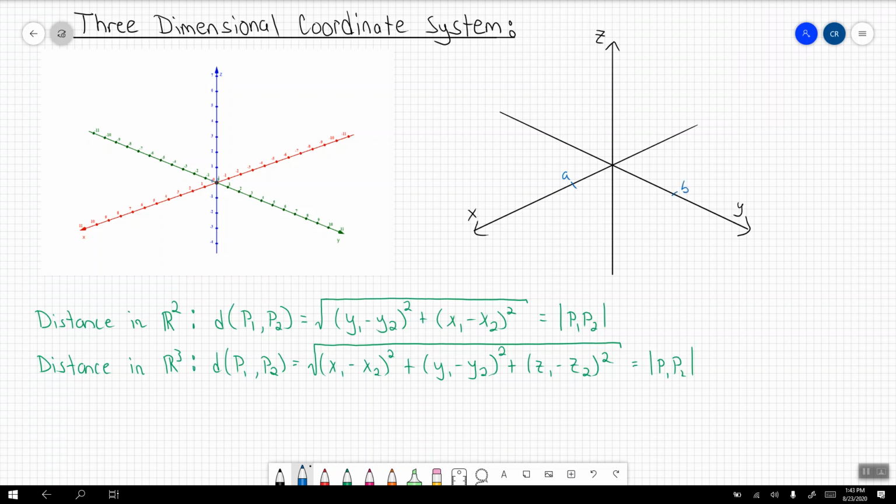We'll call this B. Then after that, we move a certain amount in the z direction, and we're going to call that C. In doing so, we now create this new point in R space 3, which we're just going to call a point, that has an ordered triplet of A, B, C. And that's going to be where it lands in R space 3.